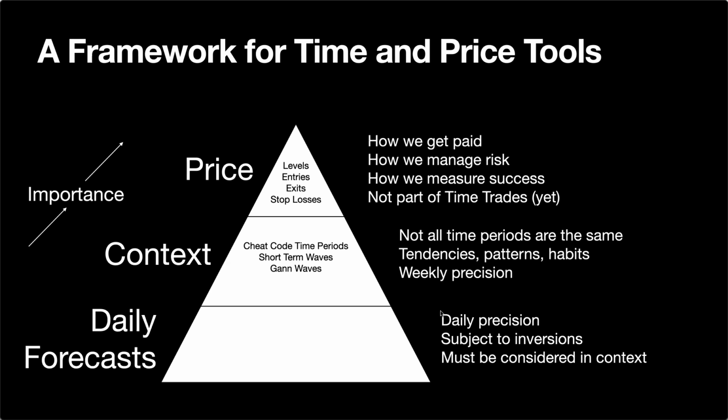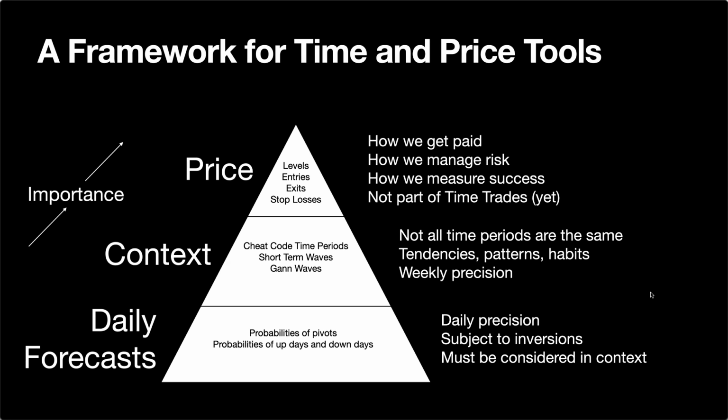So this is why these things have to be considered within the broader context of what's going on at a higher level. These daily forecasts are things like the probabilities of pivot highs and pivot lows, probabilities of up days and down days. This is all part of the Time Trades solution.